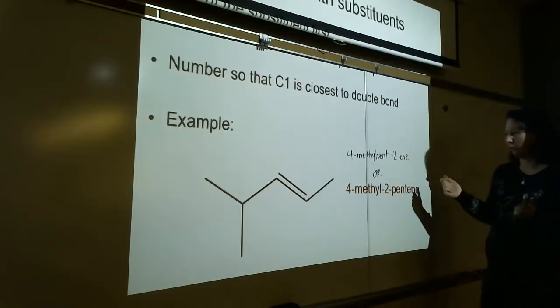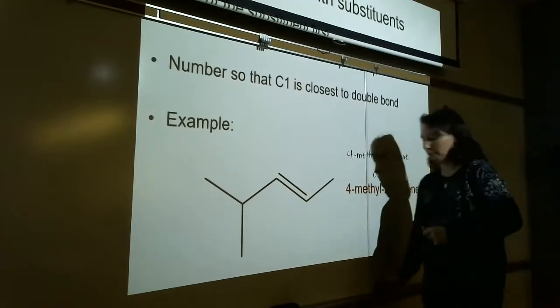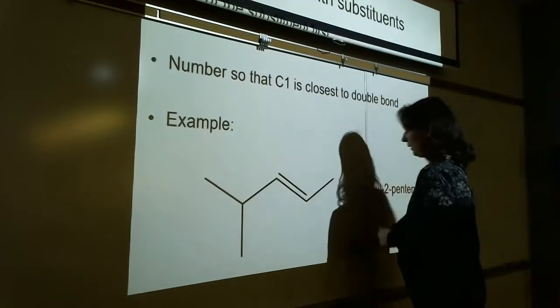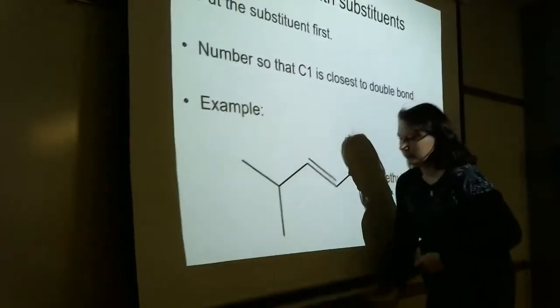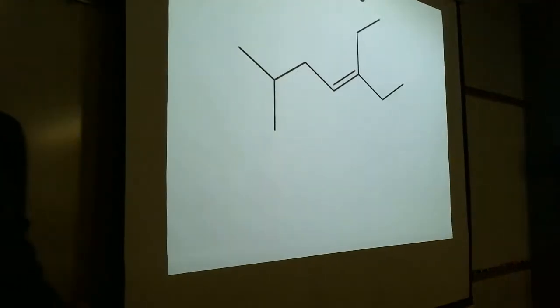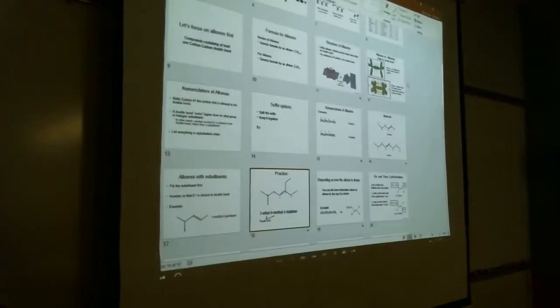Okay, both are acceptable. Like I said, most students prefer this because it keeps the word together, but I'll accept both. It all depends on the book. And our intro organic book keeps it together. Okay, so name this one. I'll give you a second to try it.